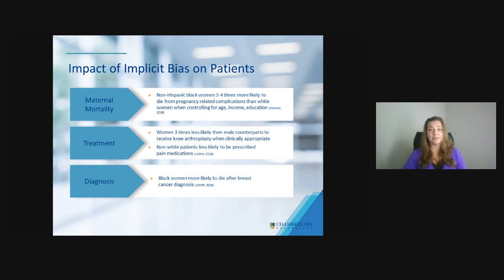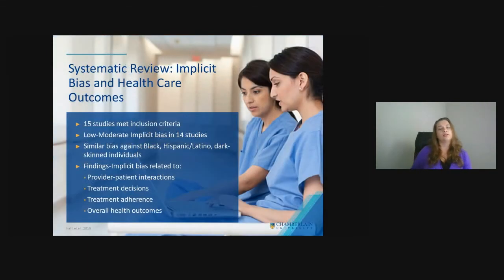In addition to these examples, implicit bias has the potential to impact patient satisfaction surveys because of the correlation to provider-patient interactions. So a little bit more on those provider-patient interactions. The most conclusive study is a systematic review of the literature on implicit bias in healthcare outcomes.